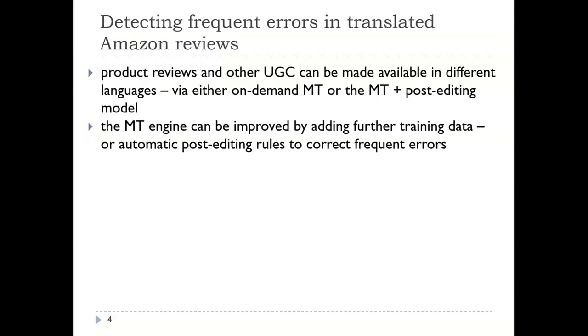Now, although the majority of Amazon reviews are made available in English, it's of value, of course, to make them available to speakers of other languages. There are, of course, 5 or 6 different versions of Amazon. There's the Japanese version, for example, there's a French one, there's a German one, there's a Spanish one, maybe 1 or 2 more as well.